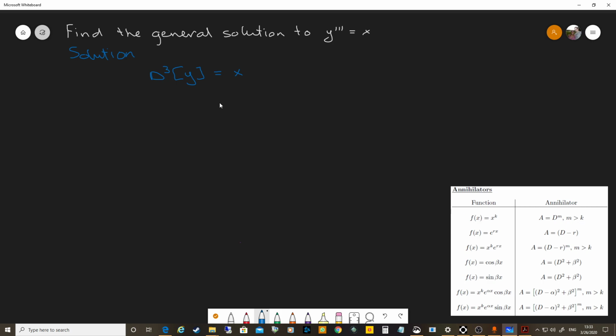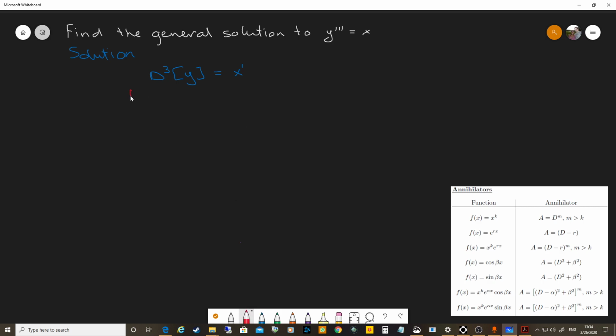So in our case, we have x to the power 1. And so for this differential equation, any annihilator where the power of D is 2 or greater would work. So we're going to take the smallest annihilator that works, and that's D squared.